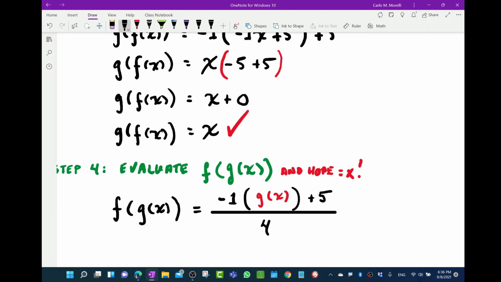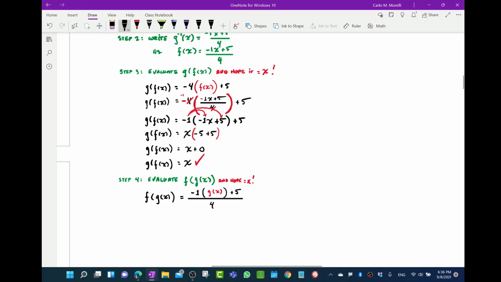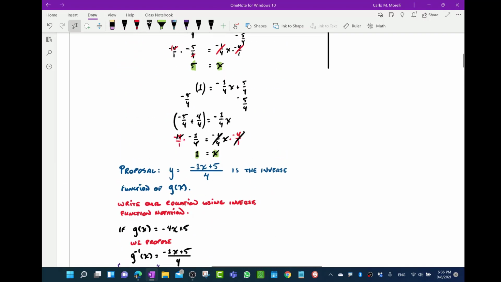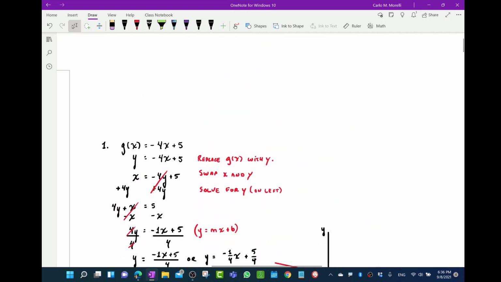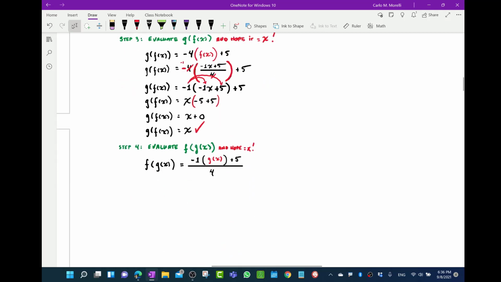And now we're going to substitute what g of x is inside this parentheses. That was given to us at the beginning of the problem. So let's go back to the beginning. g of x is negative 4x plus 5. So we're just going to substitute in negative 4x plus 5 right there.